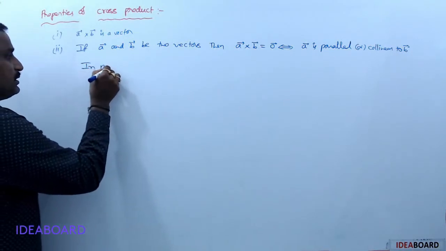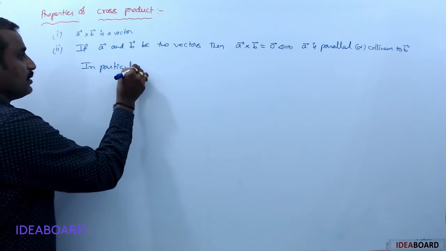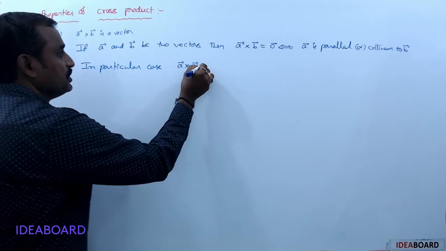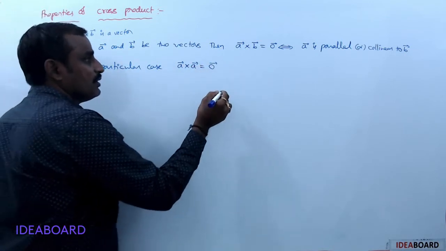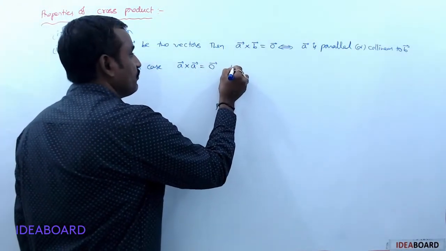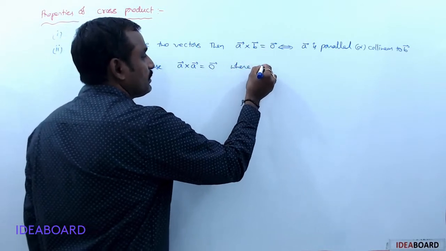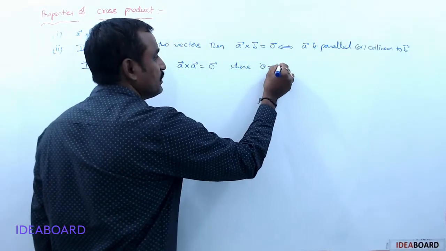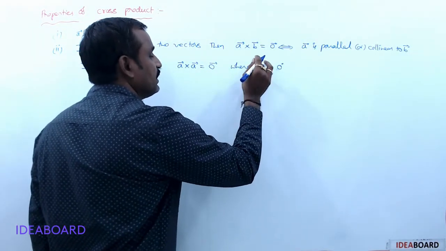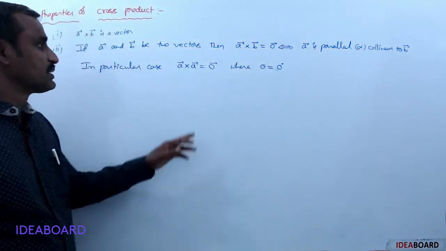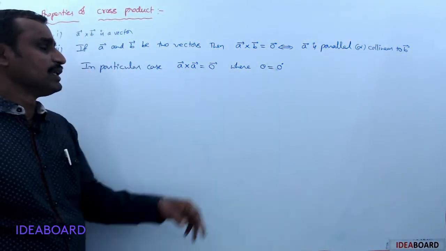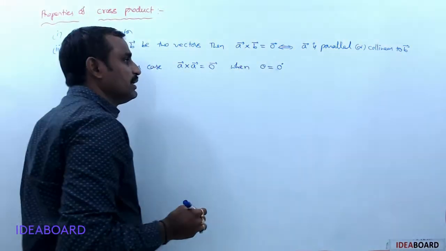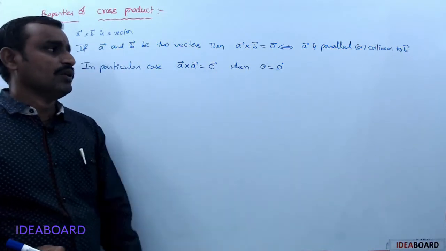In a particular case, A bar cross A bar is equal to 0 bar, where theta is equal to 0 degrees. When theta is equal to 0 degrees, A bar cross A bar is equal to 0 bar.